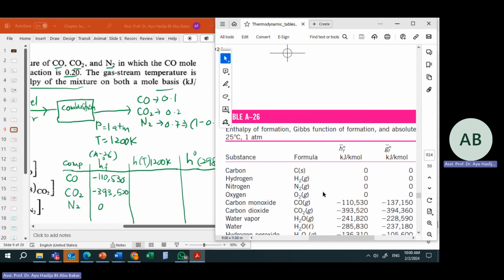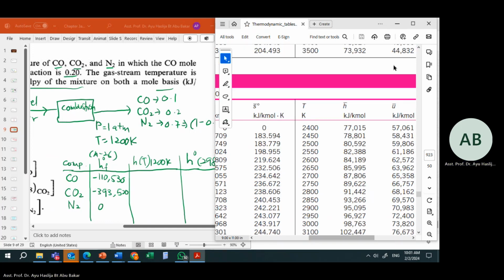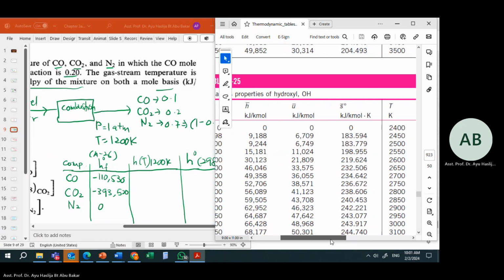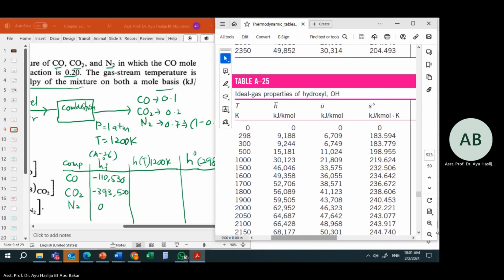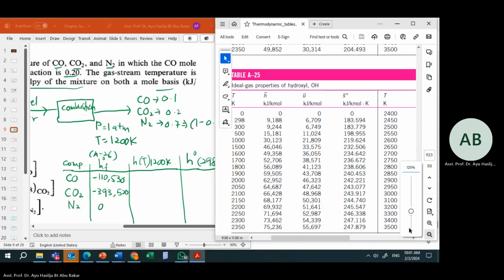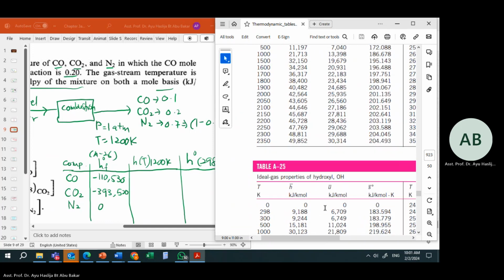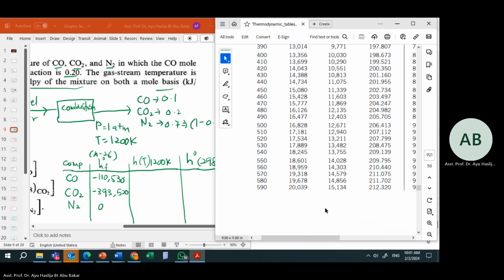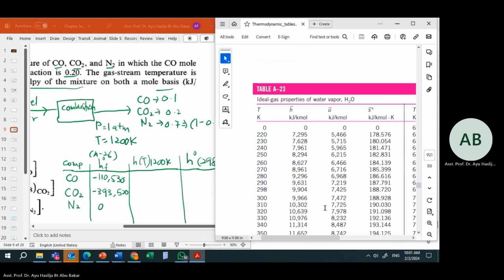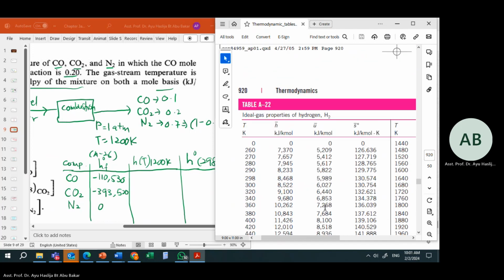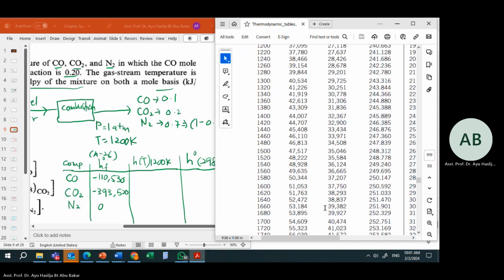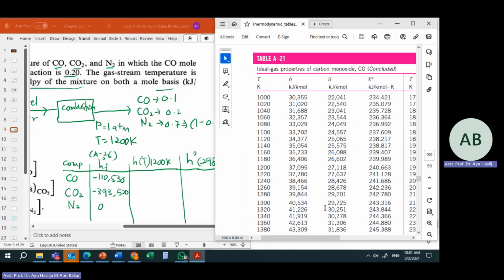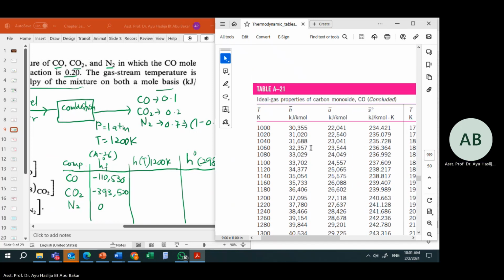So kita cari table for CO. Moving upward. Okay, here. CO. A berapa?